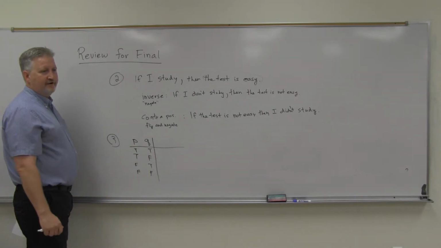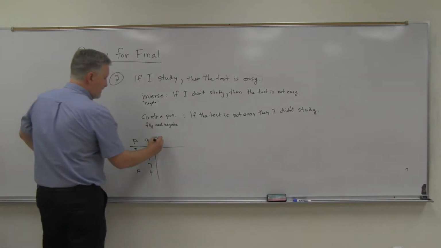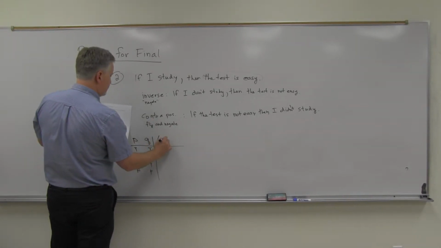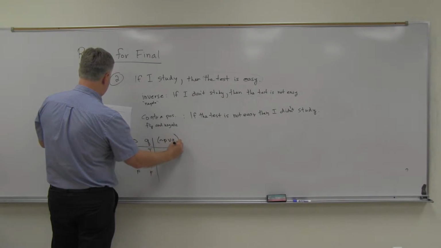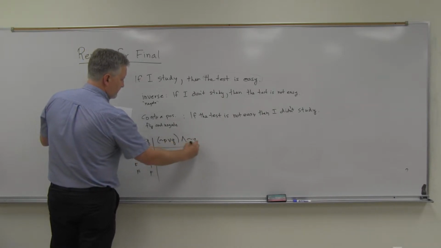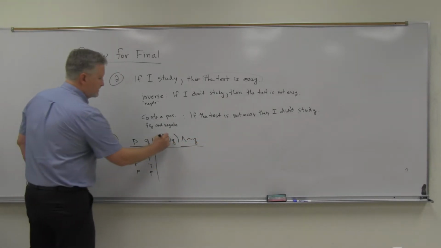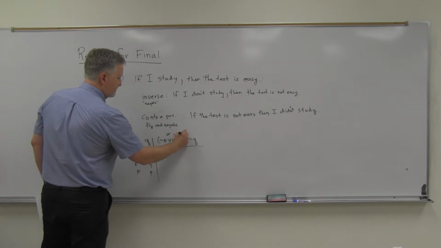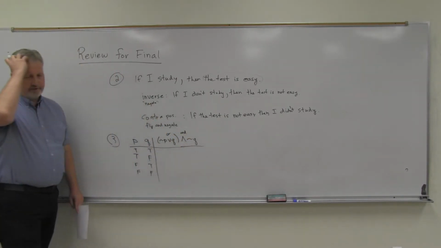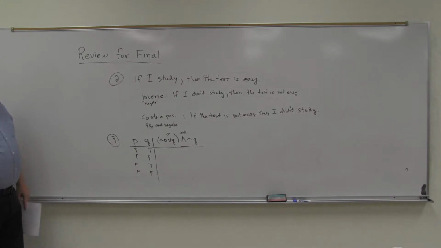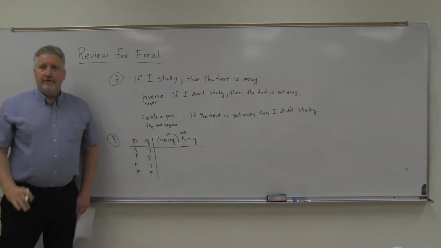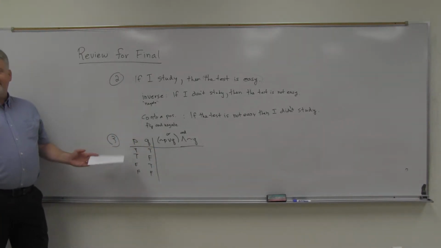Or some order thereof. Then over here we put the statement, which is not P or Q, and not Q. I gave it away there. This is or, this is and. The AND sort of looks like a capital A, so it's easy to remember; the other one's or. Okay, so parentheses first.